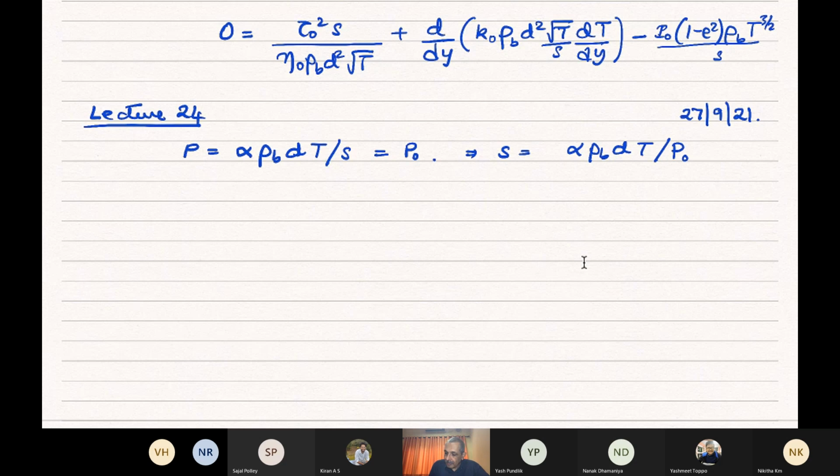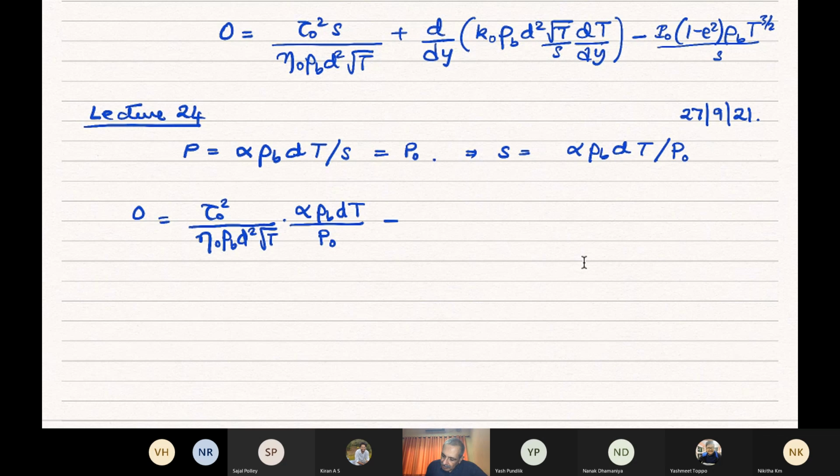Okay, so wherever there's S, let's substitute in this equation. So you get 0 is equal to tau 0 squared eta 0 rho B t squared, square root of temperature, into alpha rho B d T by P0. So that is the first one.